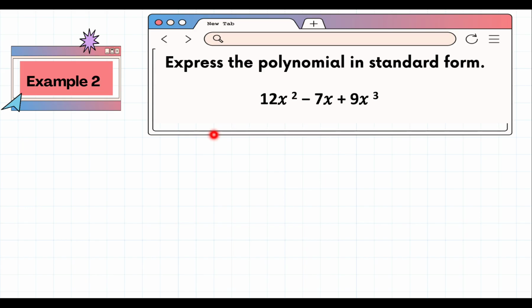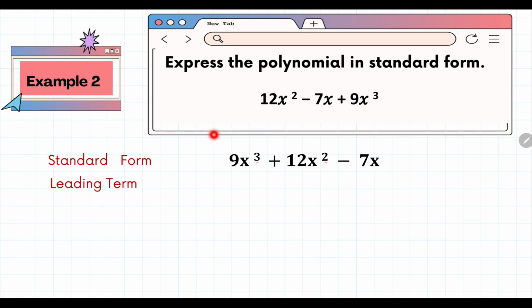Example number 2. Express the polynomial in standard form. You have 12x squared minus 7x plus 9x cubed. Again, write first the term with the highest exponent, and that is 9x cubed, followed by positive 12x squared, then our negative 7x. So you will see here 3, 2, 1, the exponents. Then you have to determine what is the leading term.